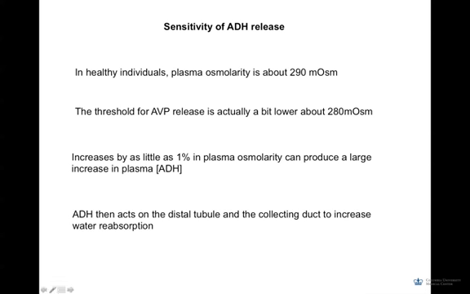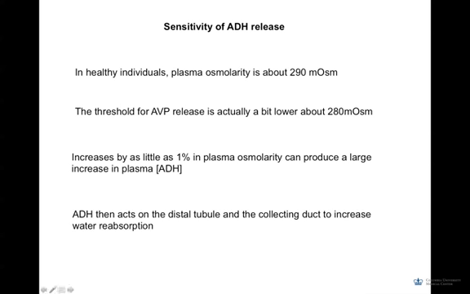If plasma osmolarity becomes more dilute than 280, if it becomes less than 280, we essentially shut down ADH release, which means that we're not going to reabsorb water at the distal tubule and the collecting duct. We're going to produce very dilute urine in order to get rid of this extra water.